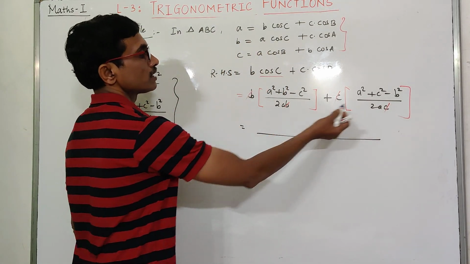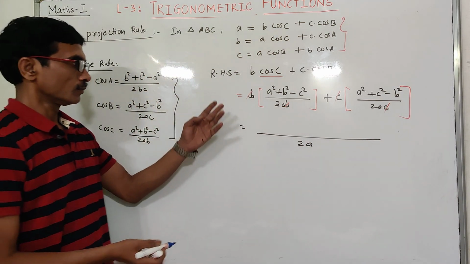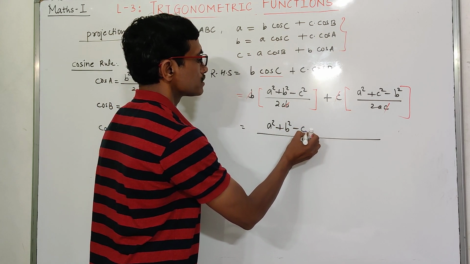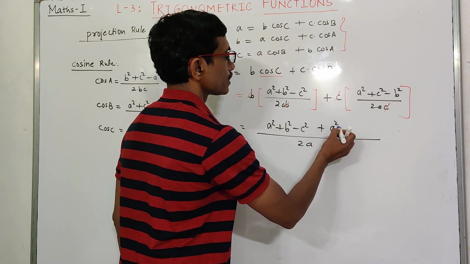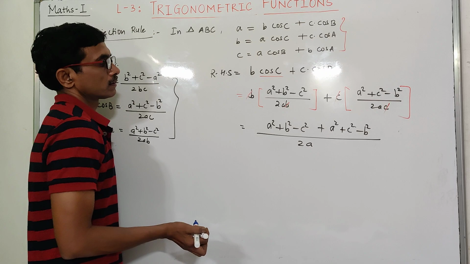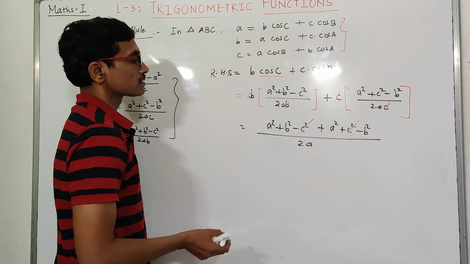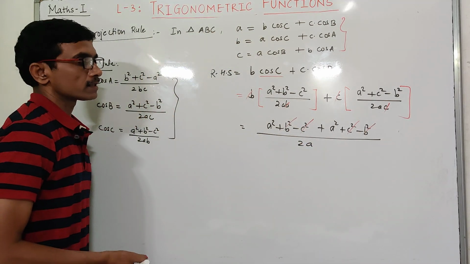So we can take the LCM, 2a is the LCM of the denominator. Numerators we add: a square plus b square minus c square plus a square plus c square minus b square. Plus c square and minus c square get cancelled. Here b square and minus b square get cancelled.